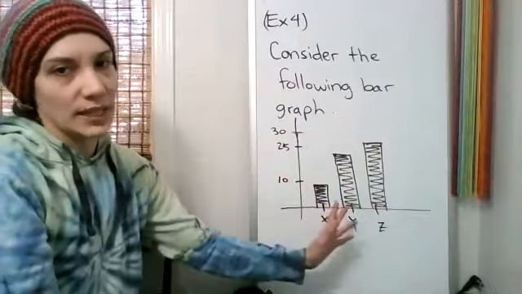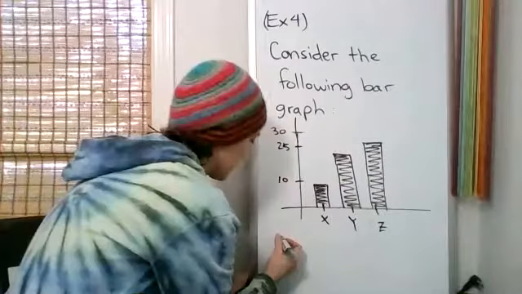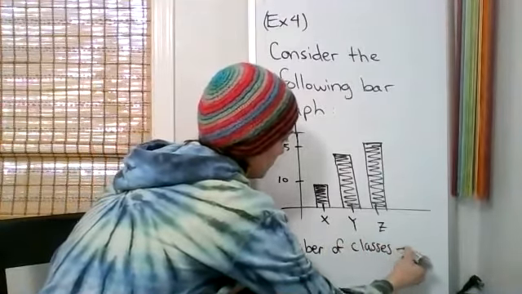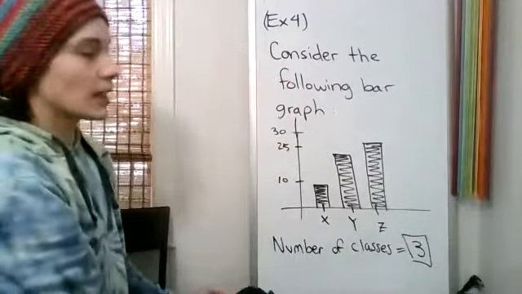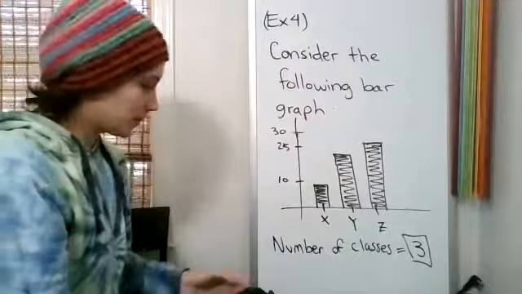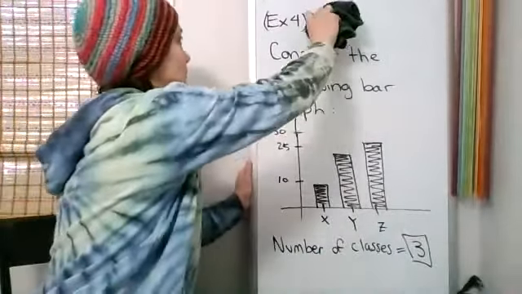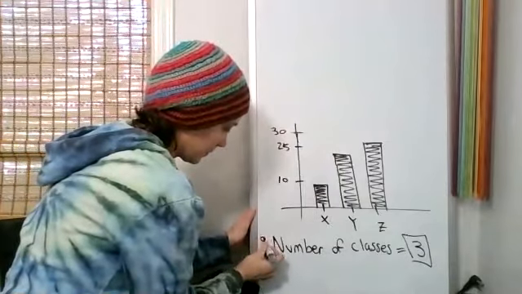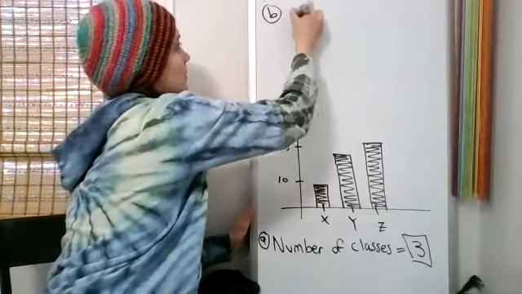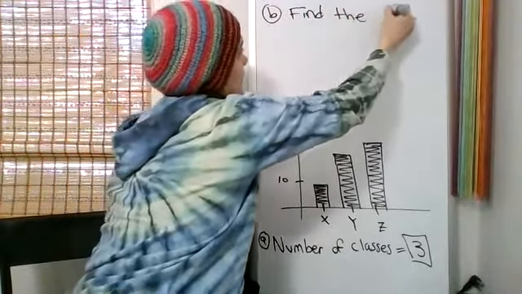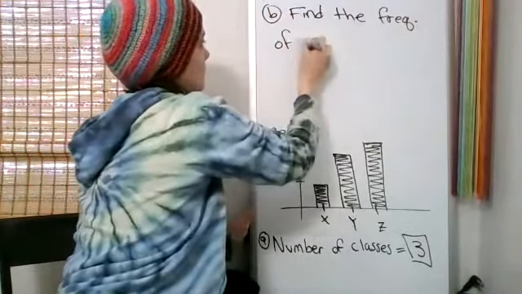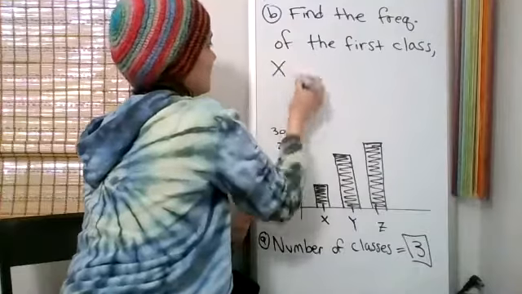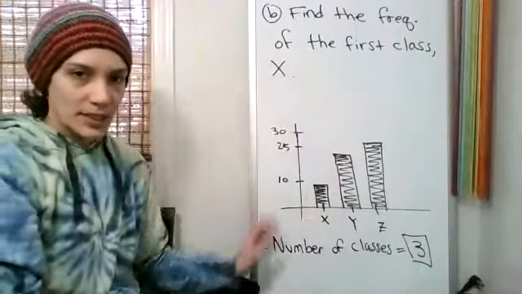Okay, first we'll say how many classes? 1, 2, 3. Find the frequency of the first class, or the frequency of X. So this side is for frequency, this side is your classes.